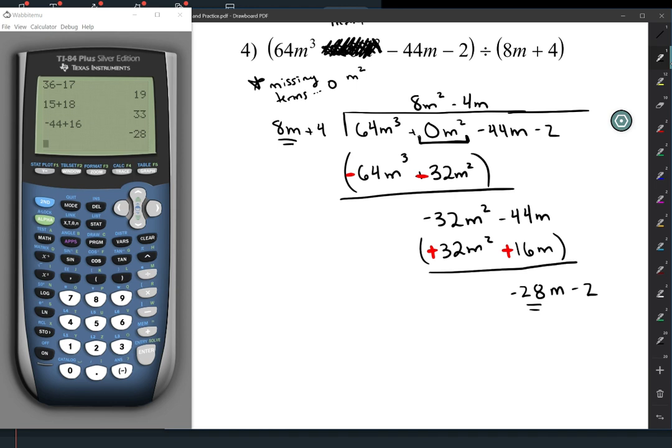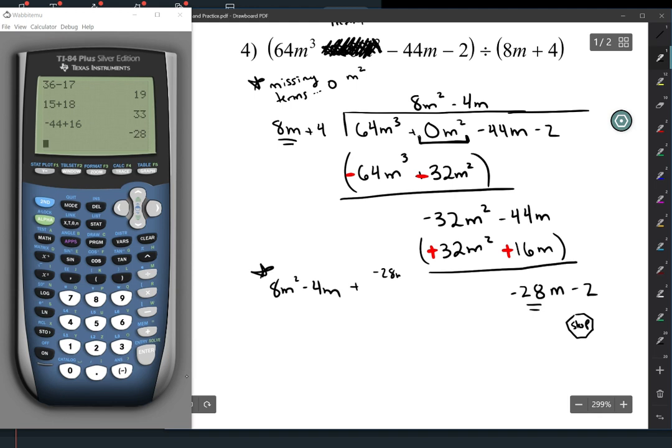Since 8 has no factor that goes into negative 28, we'd have to stop here. I know you could try and use a fraction, but since 8 can't go into negative 28, we'd stop. That would just be 8m squared minus 4m, and that whole piece would be the remainder.